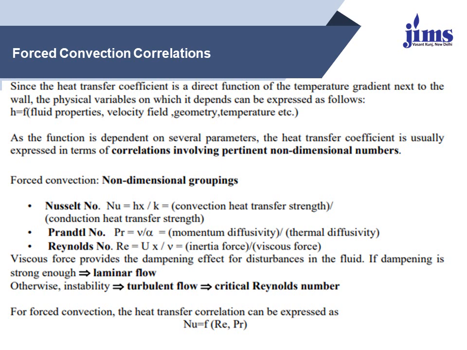Viscous force provides the damping effect for disturbance in the fluid. If damping is strong enough, that is known as laminar flow, otherwise it is turbulent flow, or a critical Reynolds number. So in forced convection the heat transfer correlation can be expressed as a function of Reynolds number and Prandtl number. So basically the Nusselt number is a function of Reynolds number and the Prandtl number only.